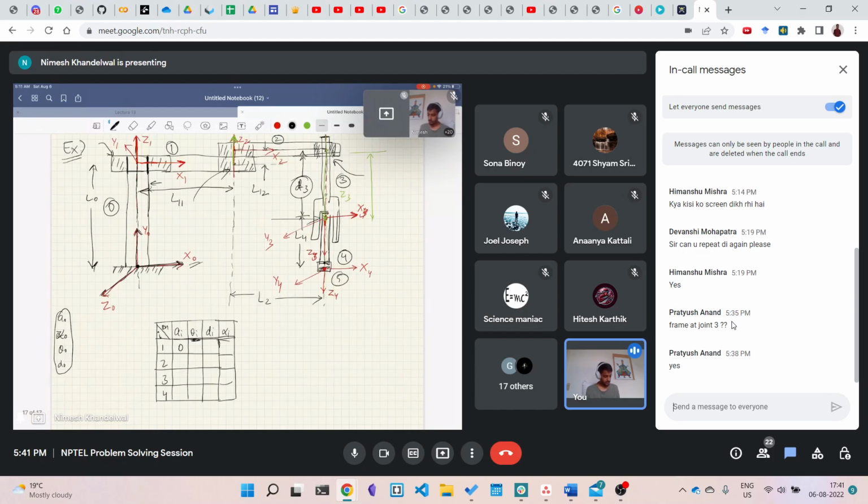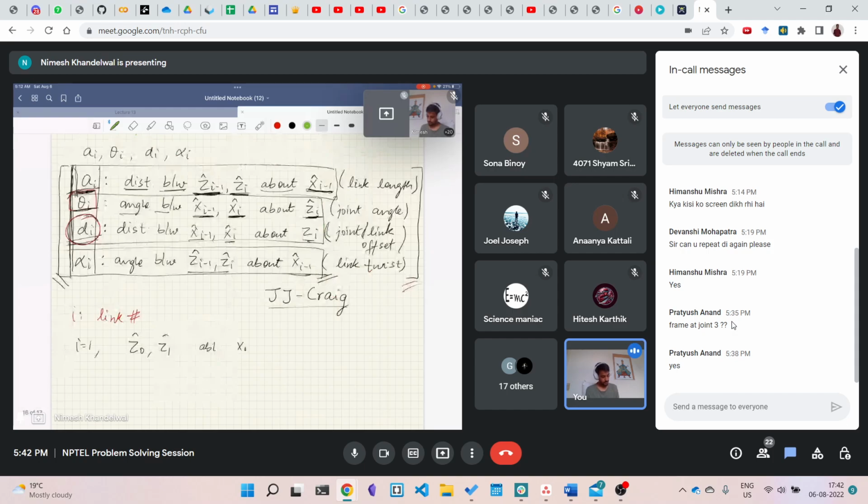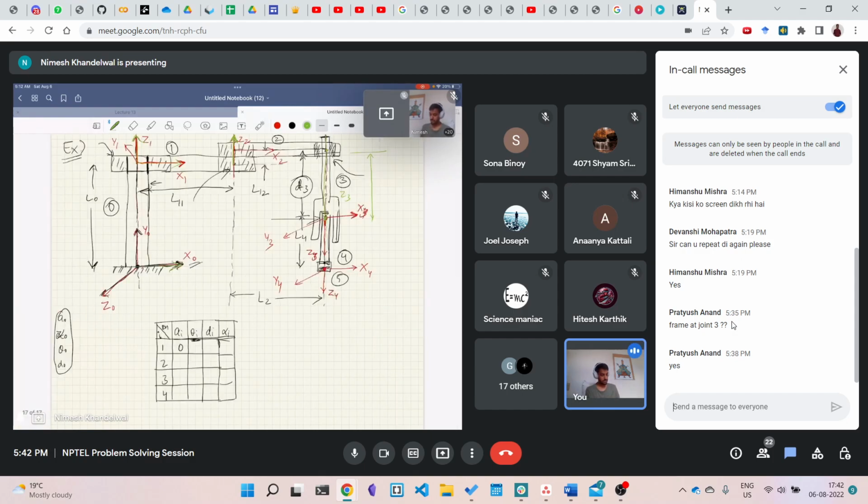Oh wait, that is the angle. Okay, so I'll write di first. The distance between x0 and x1 about z1, that is your di. So your d1 actually becomes L0.